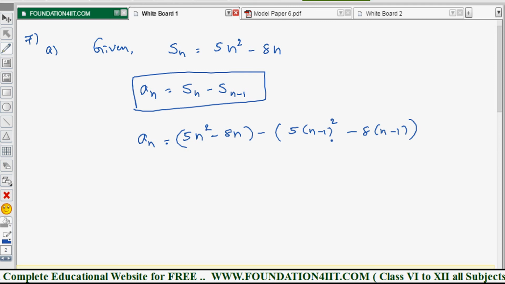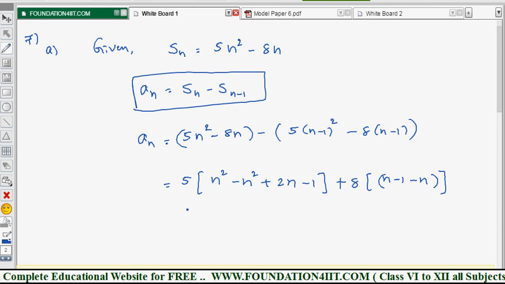By simplification, we will get the nth term formula for this. Just take the 5 common from both. If you take 5 common and simplify, you will get n square minus, using a minus b whole square, n square minus 2n plus 1. And from the remaining, 8 is common, n minus 1 minus n.